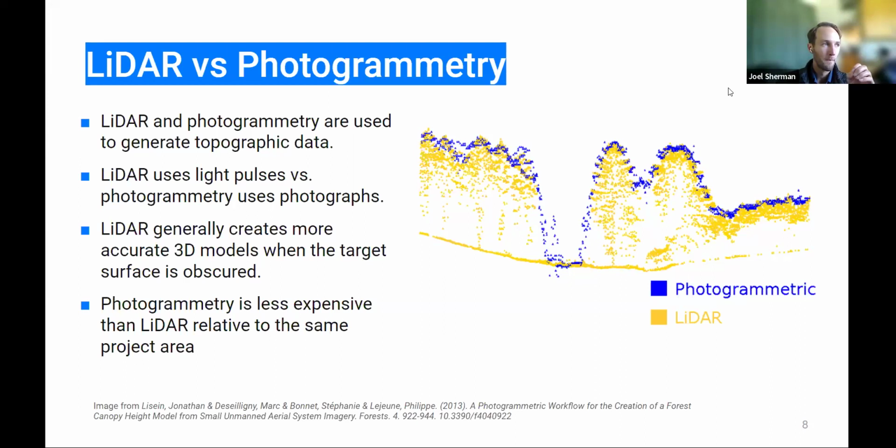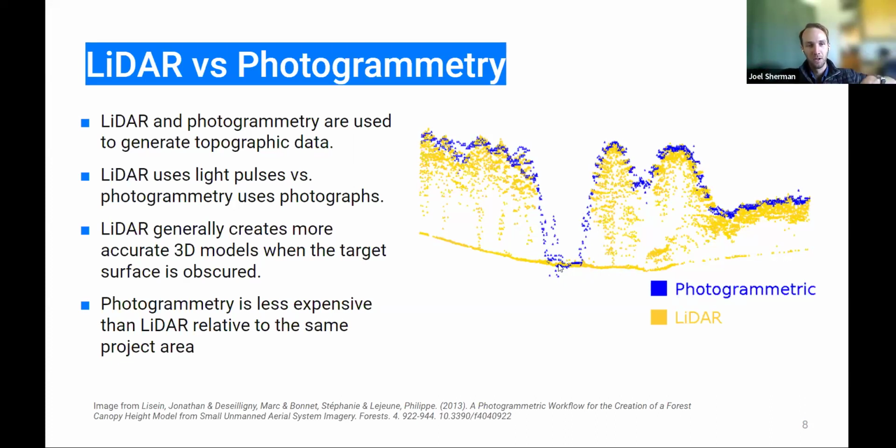So it's empirical instead of derived this way. So it has this benefit of being able to penetrate through foliage, whereas with photogrammetry, you see this blue point cloud draped over the canopy and on the surface here of the Earth. That's the photogrammetry derived points that we're seeing here, whereas the yellow or orange is the point cloud generated from the LiDAR data set, where we're able to see these lasers actually penetrating through the canopy, providing a full profile of what the tree looks like and the earth and surface below, and the shrubs in between too, right?